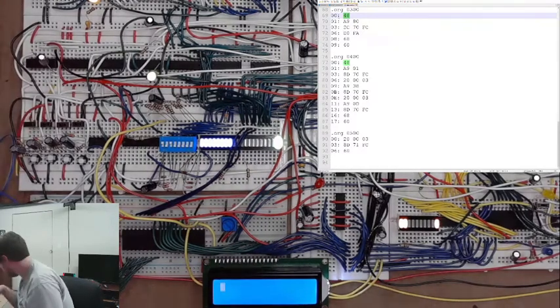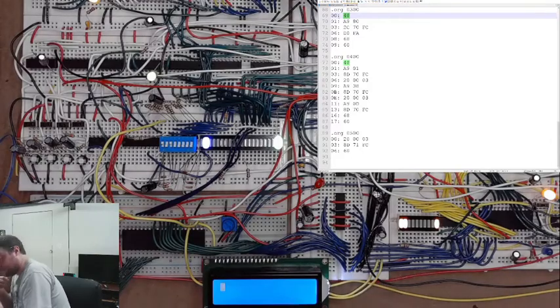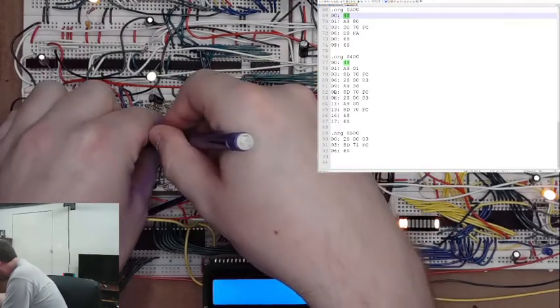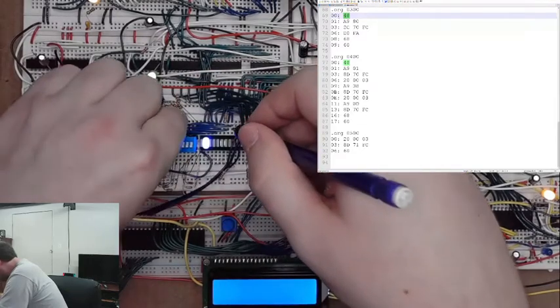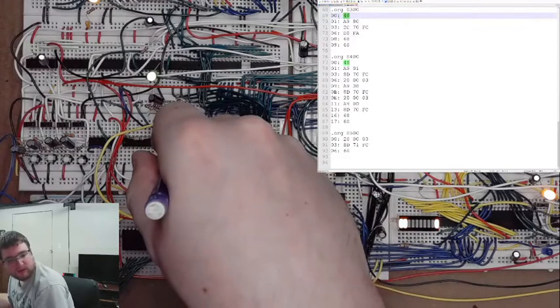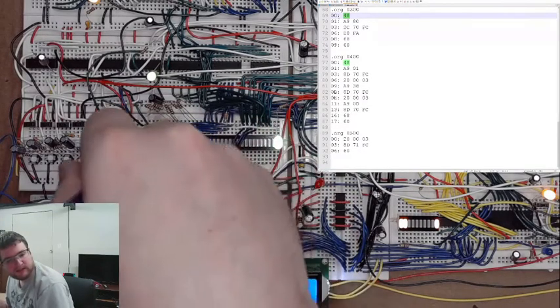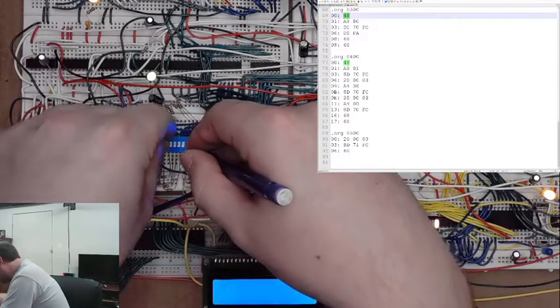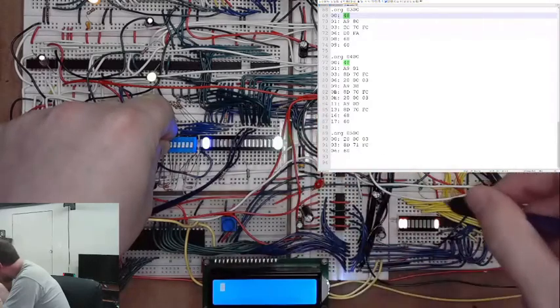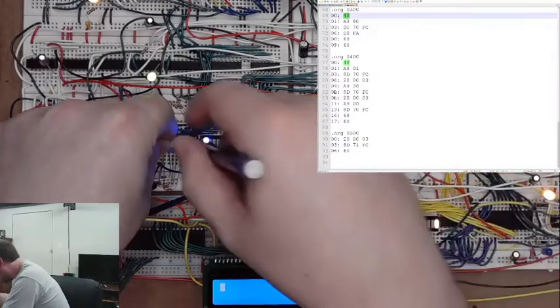This one I might actually be able to rewrite on the fly, because I can just freeze the processor. This one needs to be what? 4, 8. We're at 3, 0. So 4, 8.